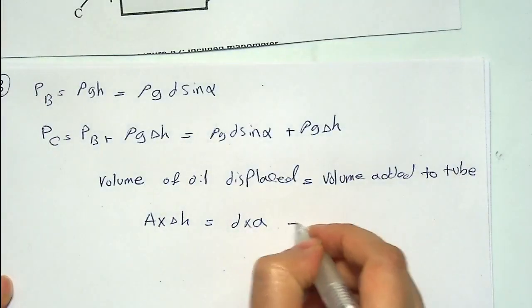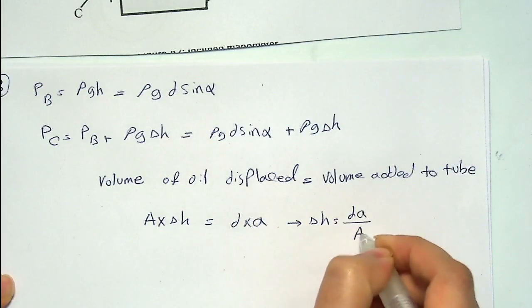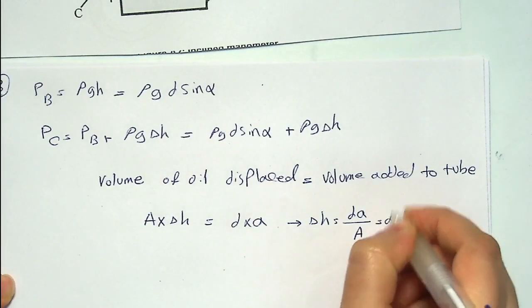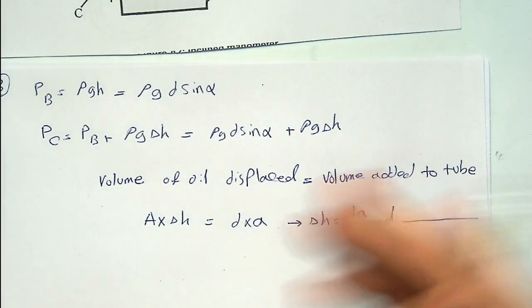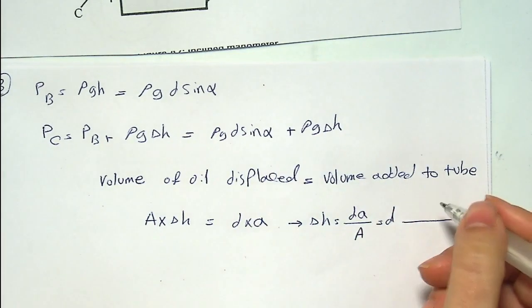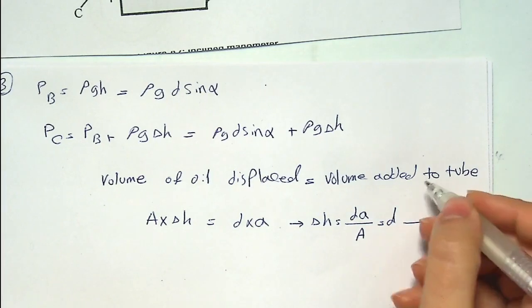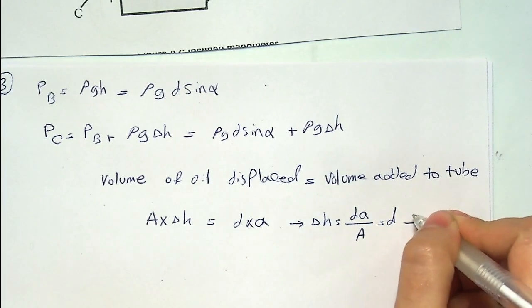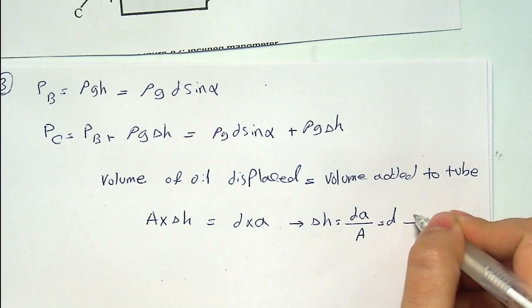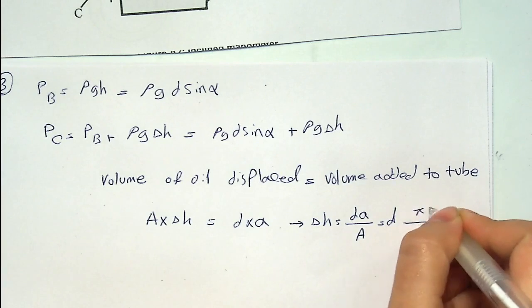So using this, delta H would be equal to D A over A. We know the area for a circle is pi r squared, or pi diameter squared over 4.